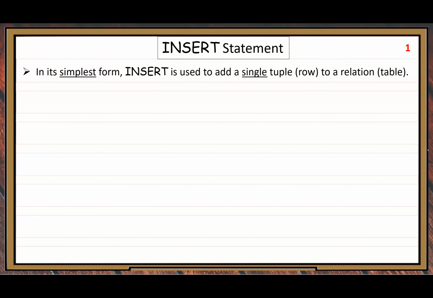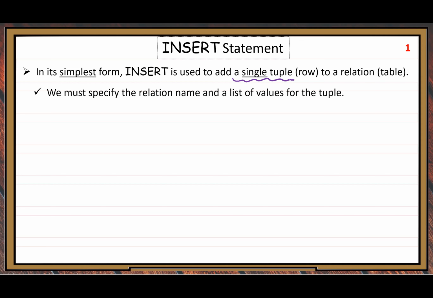Insert is used to add a single tuple. Our first version, we only need to add one tuple into the relation, one tuple into the table, in a straightforward way. So we must specify the relation name and the list of values for the tuple.